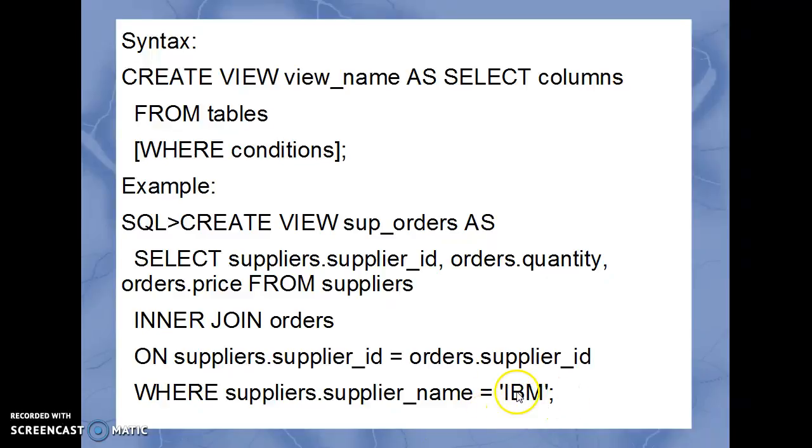This one is very important for these operations. If the supplier name is IBM, that condition is applied to the equi-join on both tables, supplier and IDs also. Okay, this is called the creation, or customizing, of a view.